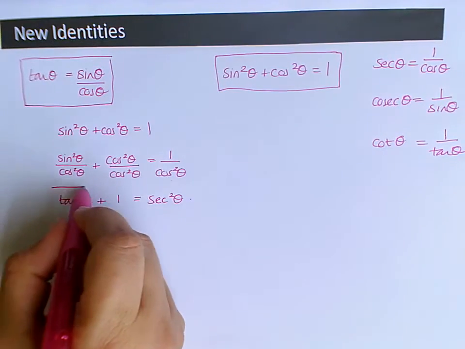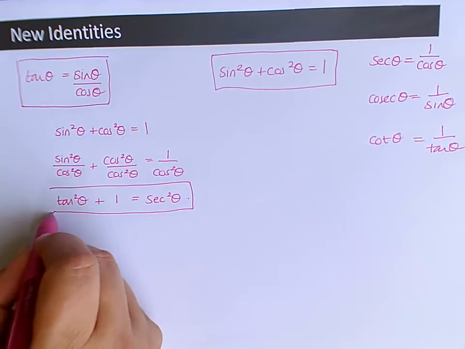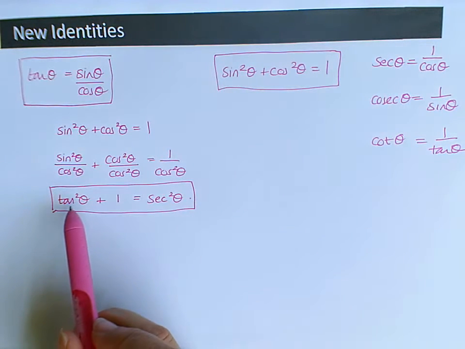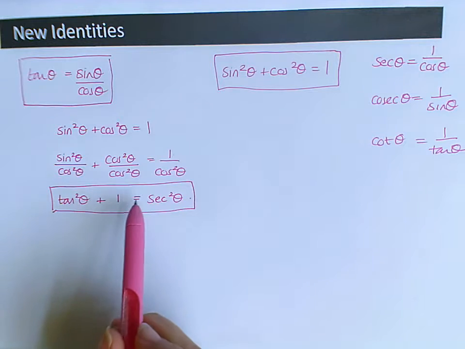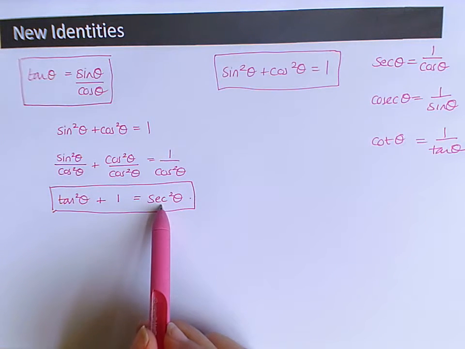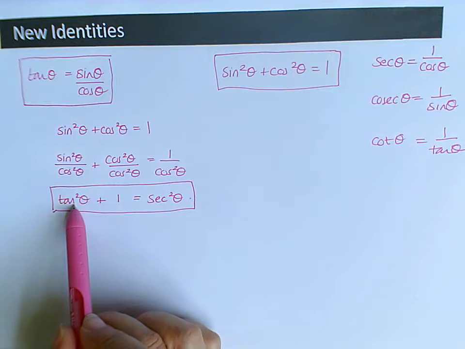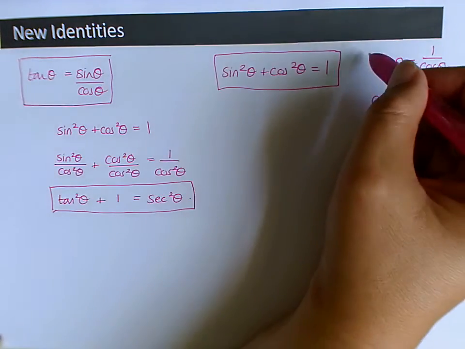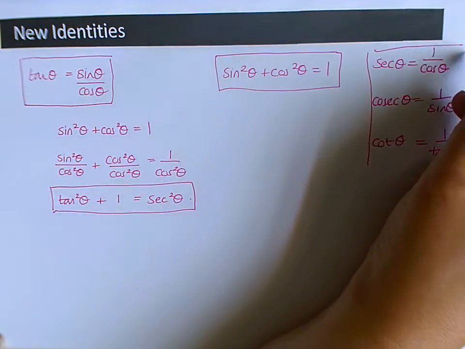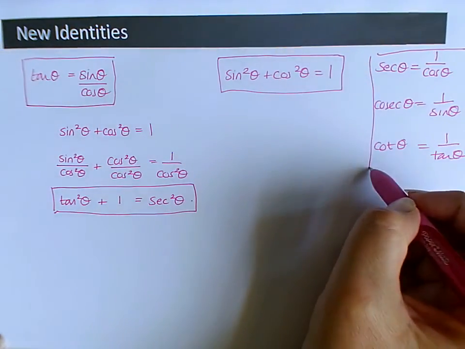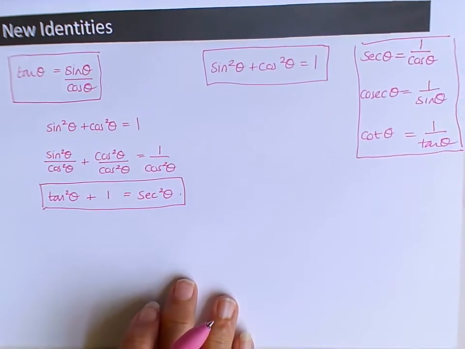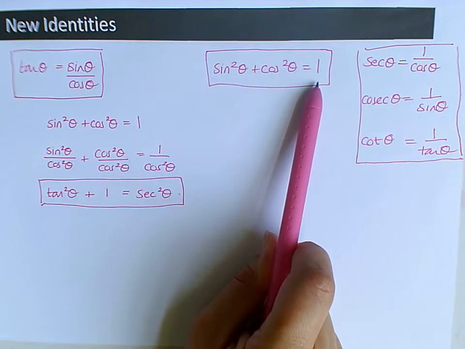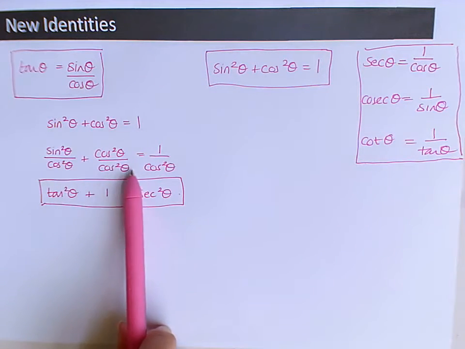And here is a new identity, which, as I said before, you have to learn. You now have an identity that links sec squared theta and tan squared theta. So that's identity number 1. So identity number 2, these you need to learn. Notice everything that's in a box is information you are going to need to learn. And we've taken this identity from our AS and we've divided it all by cos squared theta.